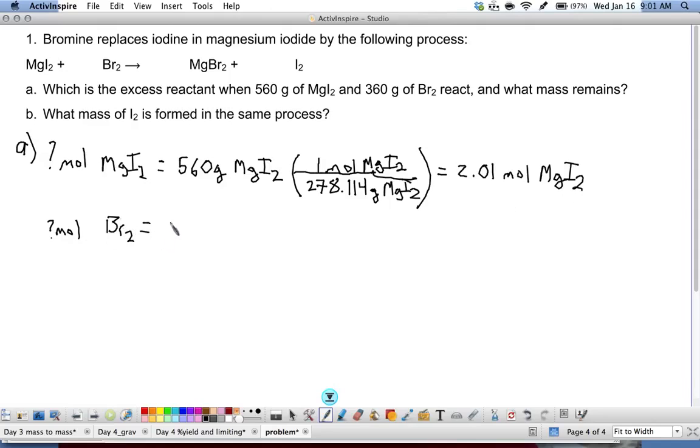Okay, and I have 360 grams Br2. And again, trying to go from grams to moles, so the correct conversion is molar mass. The molar mass of bromine is 159.808 grams bromine per 1 mole bromine.